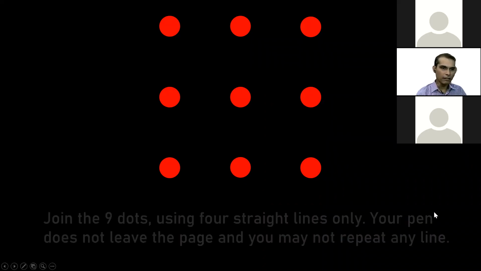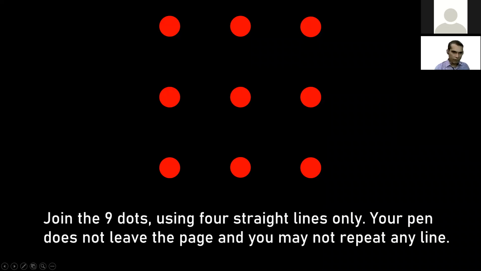All right, that's great. So let me start with a very simple game. This is called the 9-dot game, and the ask is put very clearly below. Join the 9 dots using 4 straight lines only. Your pen does not leave the page, and you may not repeat any line. So all you have to do is join these 9 dots.